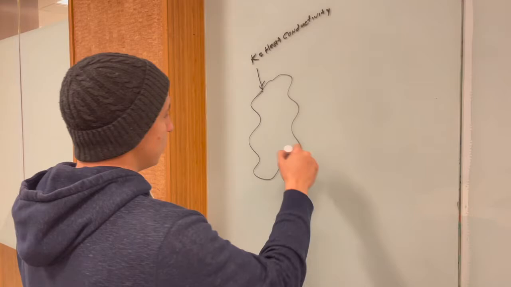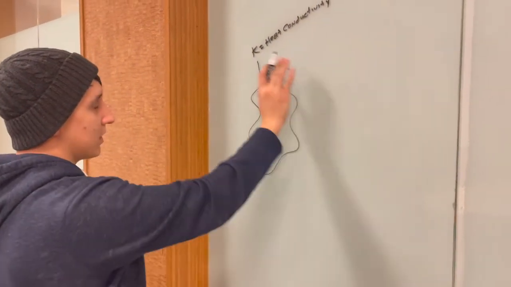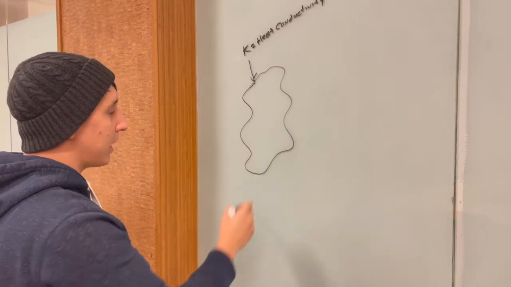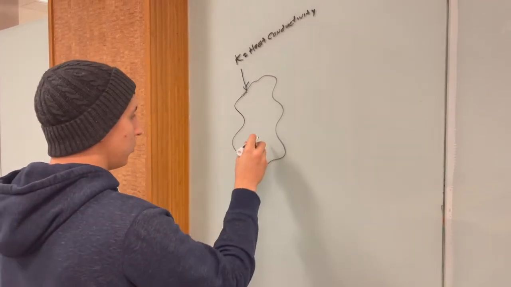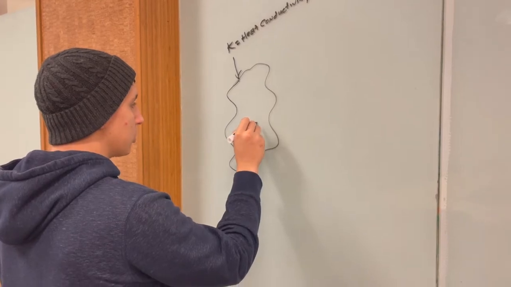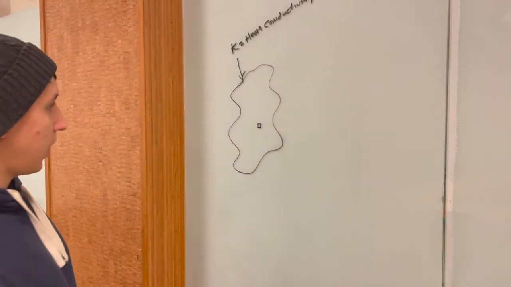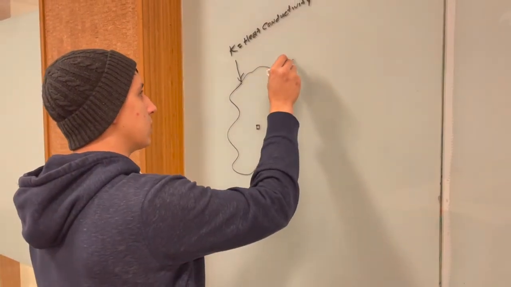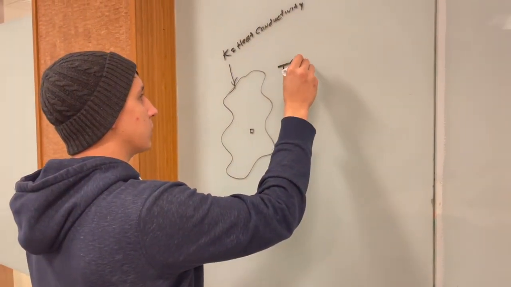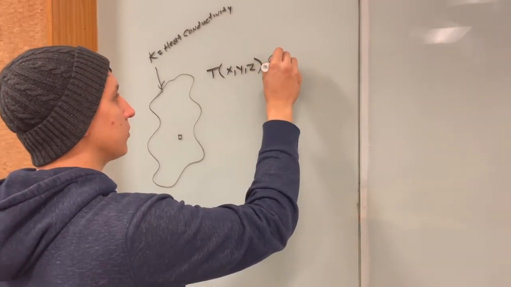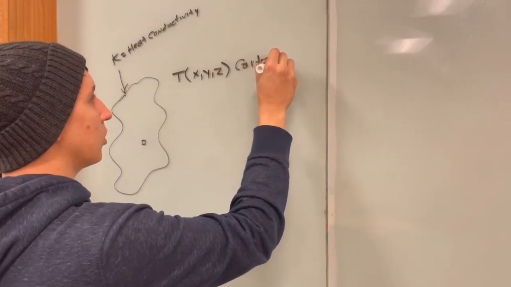But instead of looking at this object completely, for whatever it could be made out of, we could just say that there is a small little differential control volume in here, and it's going to have three spatial dimensions. Let's just say the temperature is a function of x, y, and z. We are looking at this in Cartesian coordinates.